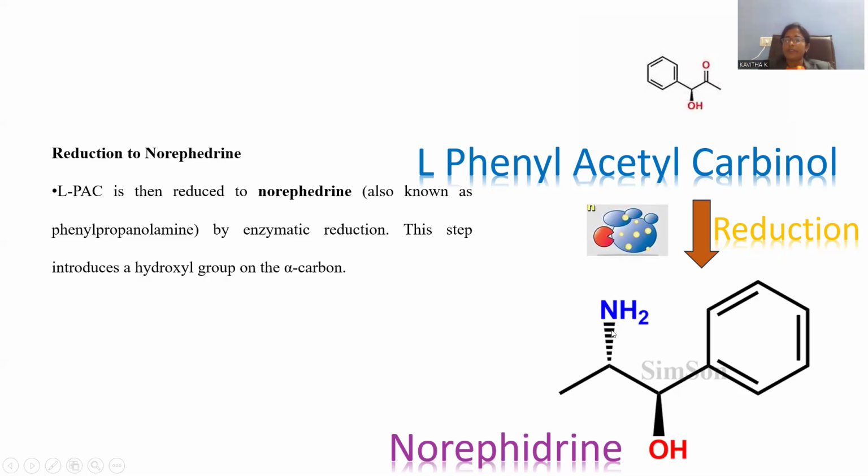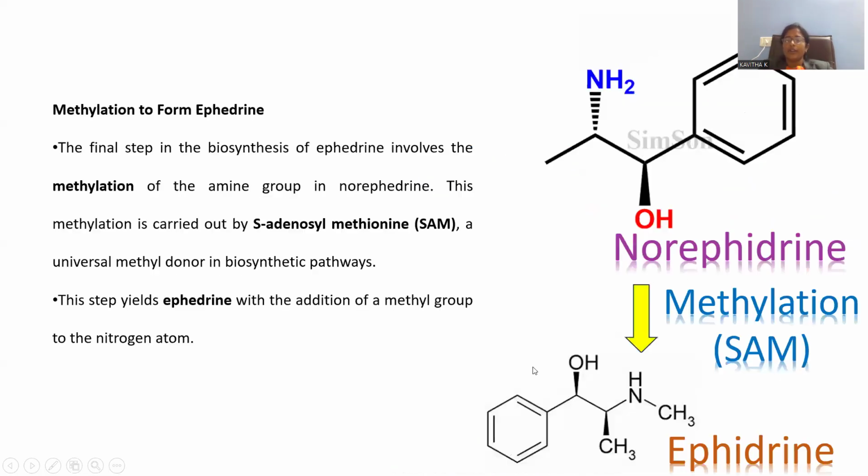Norephedrine is one step away from the ephedrine compound. The only difference is we have to make this NH2 into a secondary amine, so an alkylation is required. That norephedrine is to be subjected to N-alkylation. In order to make this N-alkylation, it is treated for methylation; S-adenosyl methionine is to be added.